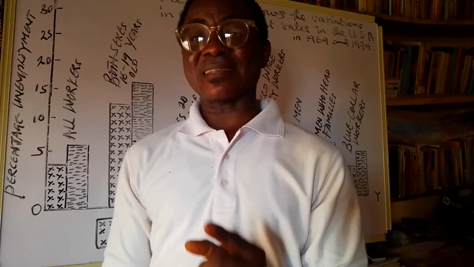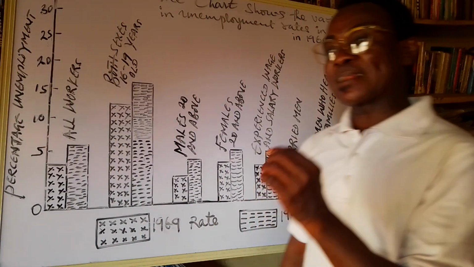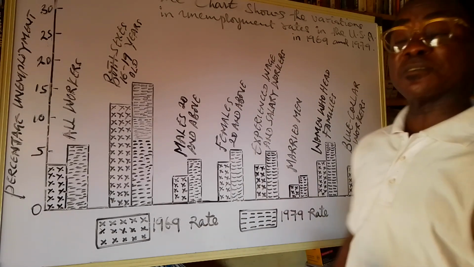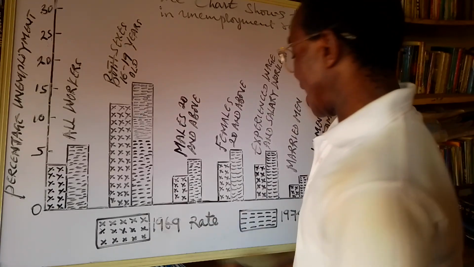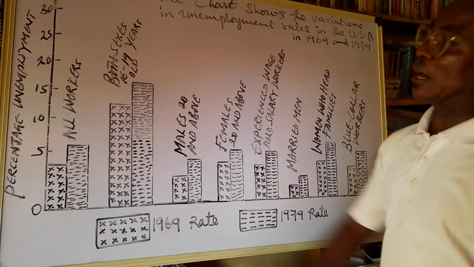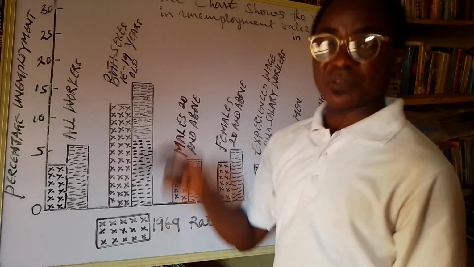What we discover next, apart from this, is that the highest rate of unemployment in both 1969 and 1979 occurred among both sexes, aged 16 to 19 years of age.